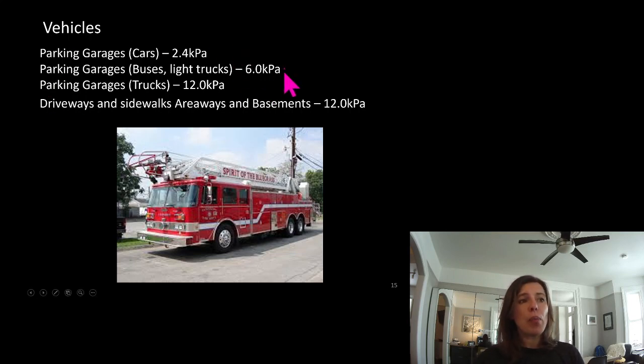If you're talking about parking garages with buses or light trucks, it's 6 kPa. And parking garages with big trucks is 12 kPa. Now this has a big impact for driveways, sidewalk areas, and basements. Because if a big truck can get into it, like a fire truck, or drive down it, it's 12 kPa.